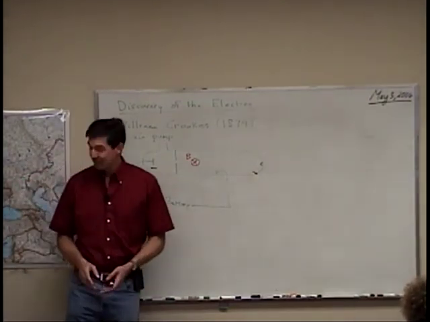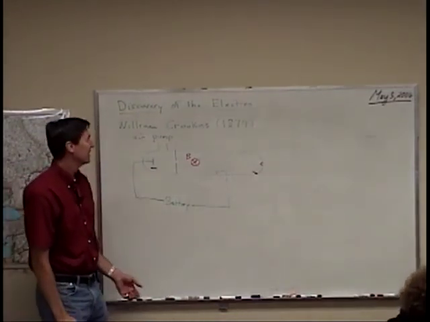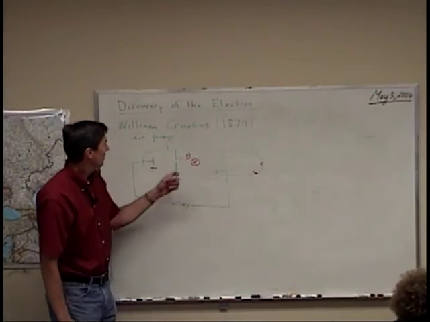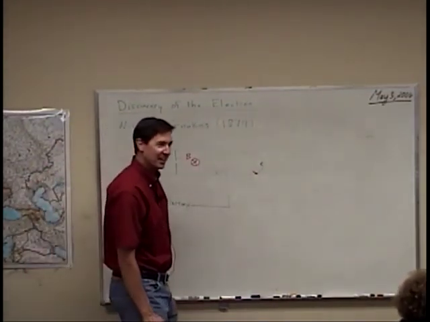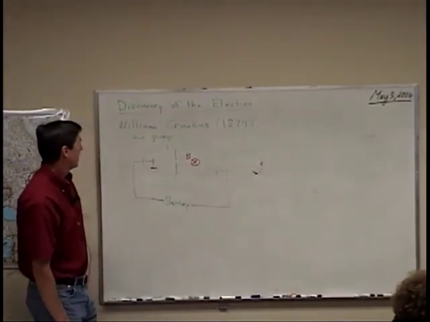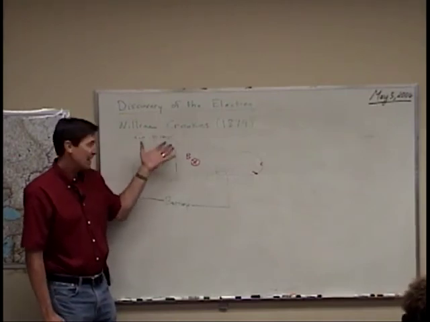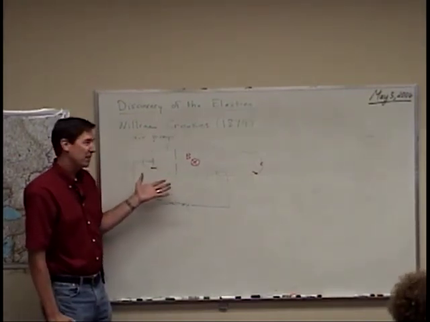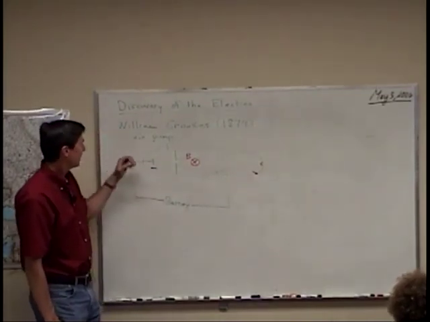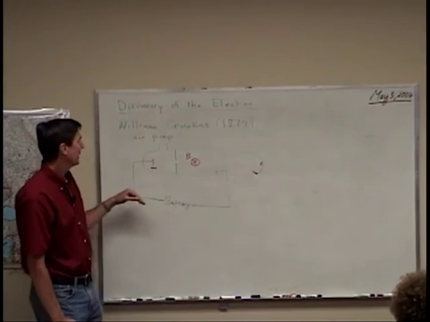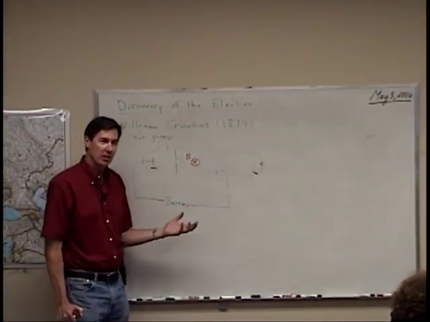What he's actually seen here would eventually be given the name electrons. But this was as far as Crookes took the situation. He created this beam and showed that it had to consist of negatively charged particles.